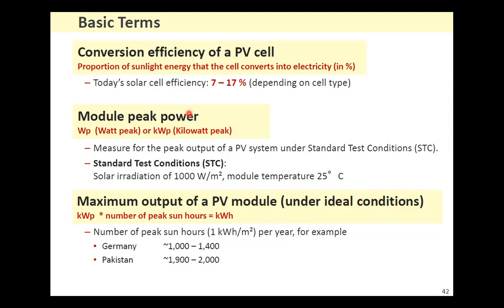But if you install or place a solar cell or a solar array on that surface, then it will be able to extract only 170 watt. This is what is meant by the efficiency of the solar cell.